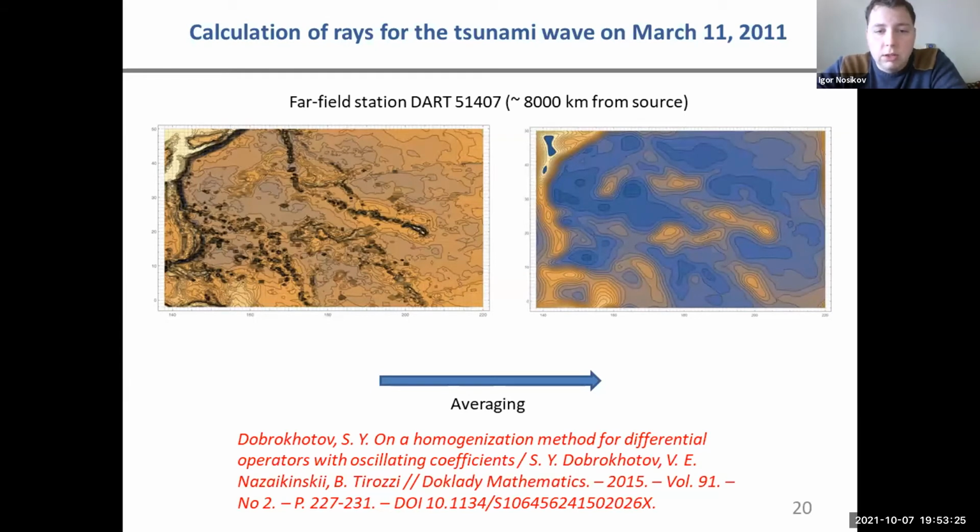Below you can see the reference to the work where these techniques of smoothing the real data are described in detail. And now we just consider the far-field DART station. It's approximately 8,000 kilometers from the source.